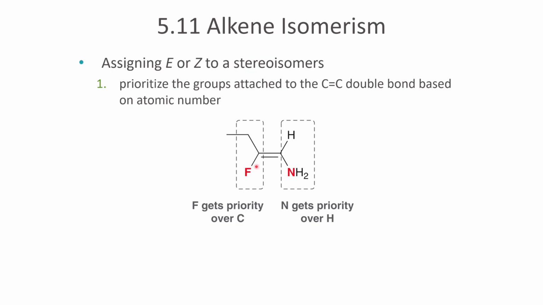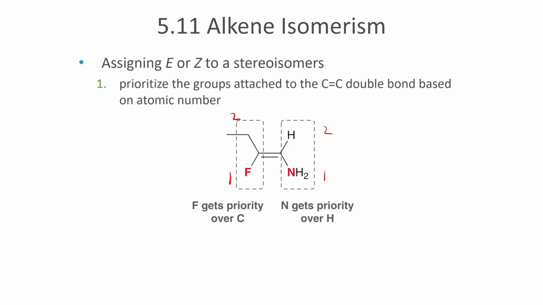So here, the fluorine has a higher atomic number than carbon, and so the fluorine is the priority 1 group on the left side, and the carbon here, the ethyl group, is the priority 2 group. Then we assign priorities on the right side. Nitrogen has a higher atomic number than hydrogen, so it gets the priority 1, and the H gets priority 2.